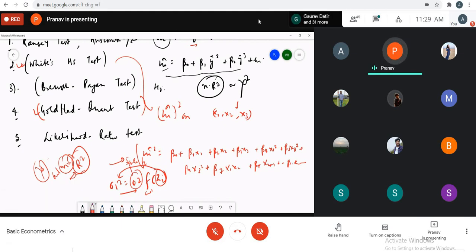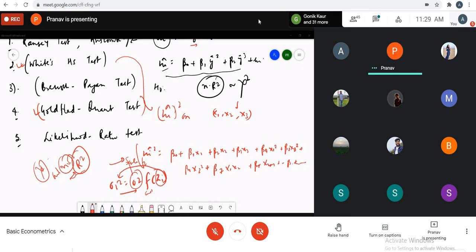And why I'm saying that you must do it, because all these tests are based on running a regression. So whichever other tests you look at, they are running regressions of the estimated residuals from the regression that you have already done on various other functions.